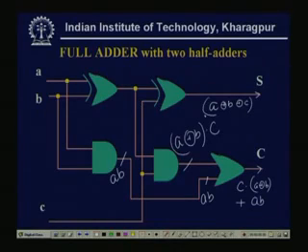Now there can be many other realizations possible for this full adder circuit. Again, what we have discussed for the half adder circuit is true: it depends on what type of gates are available for my realization.